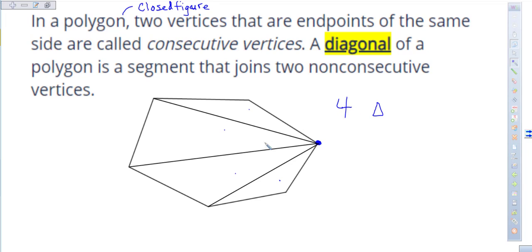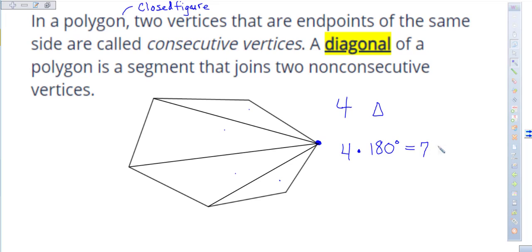We already know that the angles in a triangle have to add up to 180 degrees. So if I have this polygon and I cut it into 4 different triangles, it's like I have 4 times 180, or 720 degrees.